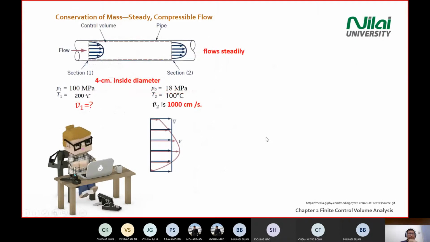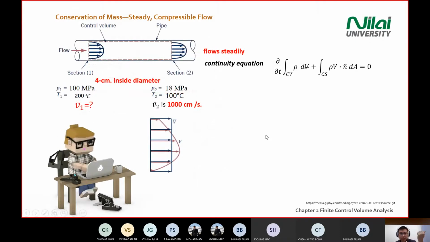Now again, we start with the continuity equation. Every time you see steady flow, straight away the next step is the continuity equation. So again, write out the continuity equation: one component on the control volume, one component on the control surface.